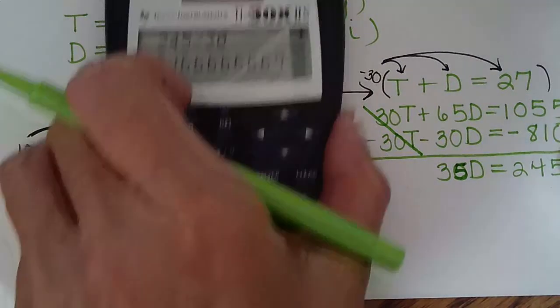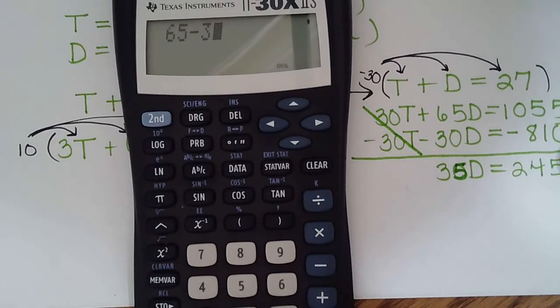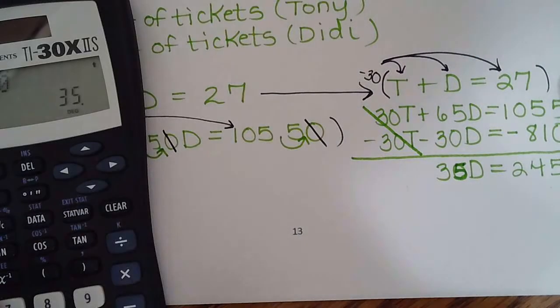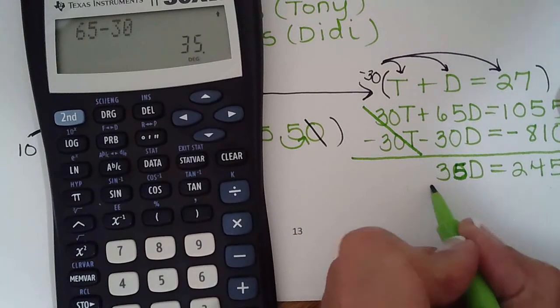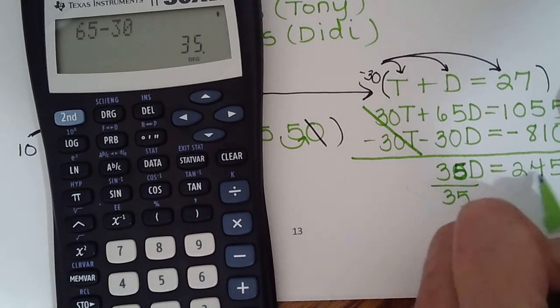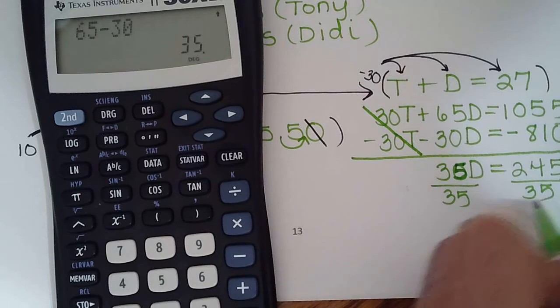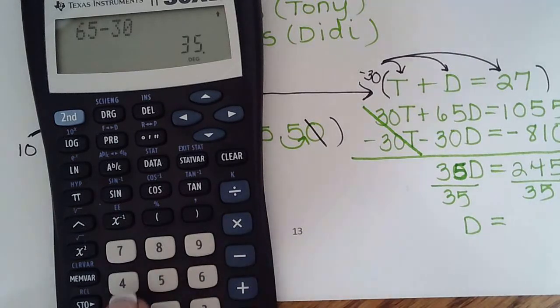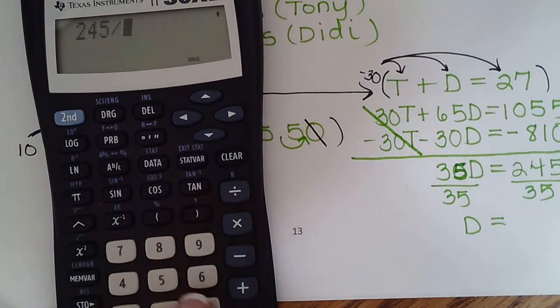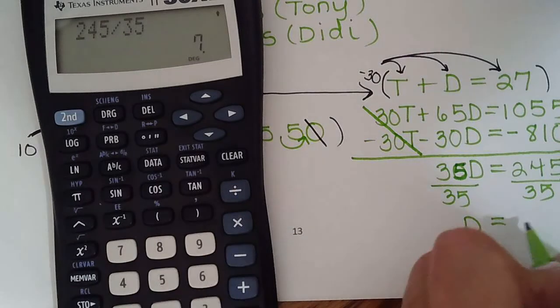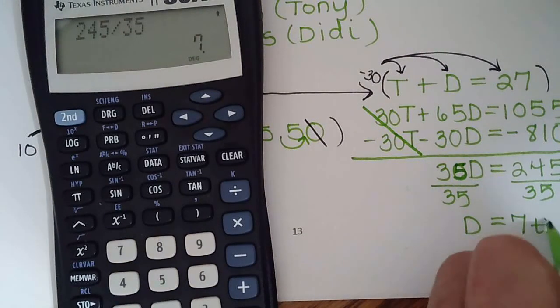So 65 minus 30 is 35D. So now we divide both sides by 35, and we get D equals 245 divided by 35, 7. So Dee Dee sold 7 tickets.